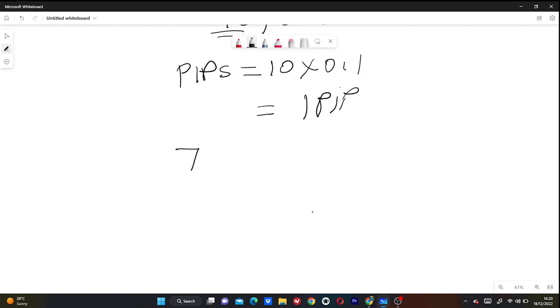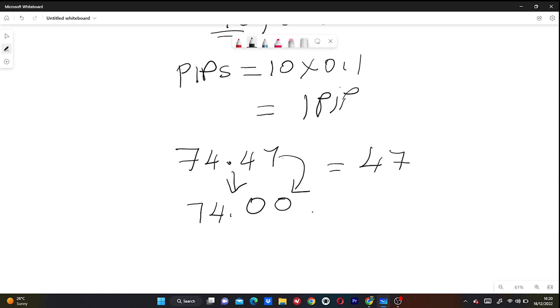For example, if the market moved from 74.00 to 74.47, the market will have moved by how many pips? It is 47 pips.